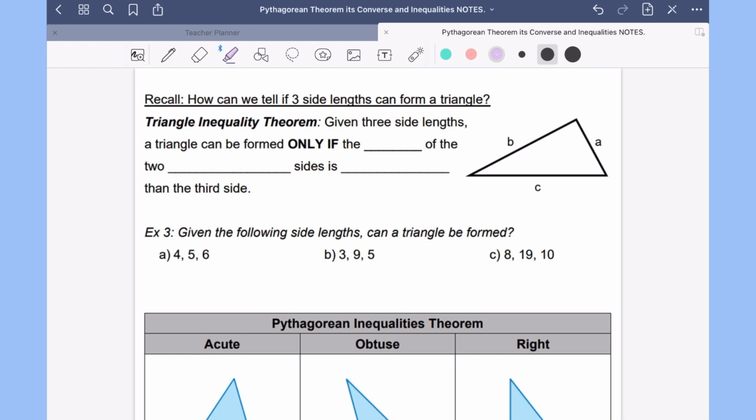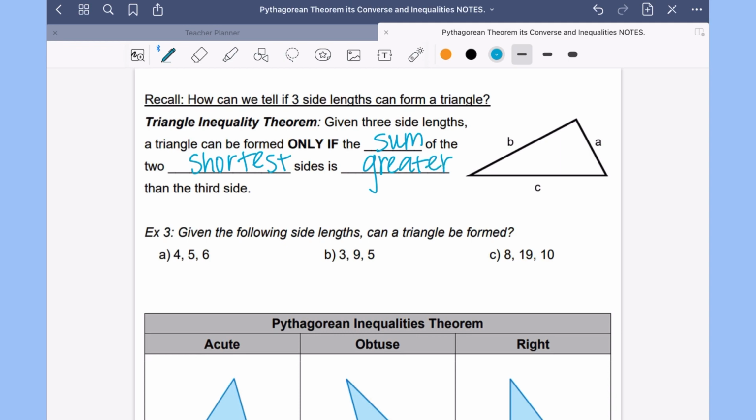This part right here, the triangle inequality theorem, we've done this already before. We did it last semester, so let's just review it. This is just to verify whether you have a triangle or not. Can the 3 lengths form a triangle? And what the theorem says is that the sum of the 2 shortest sides should be greater than the third side.